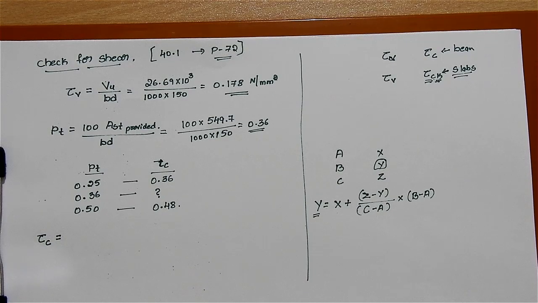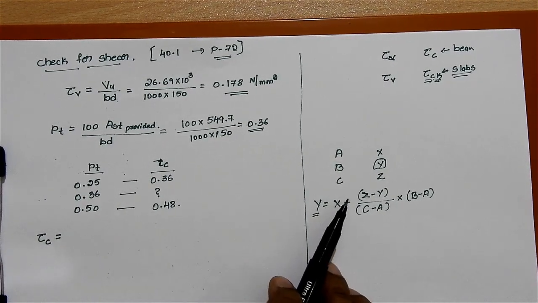This is of the form A, B, C, X, Y, Z. We want the Y value.